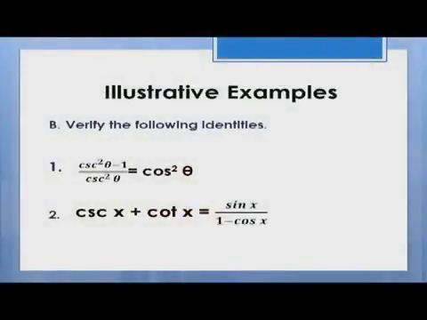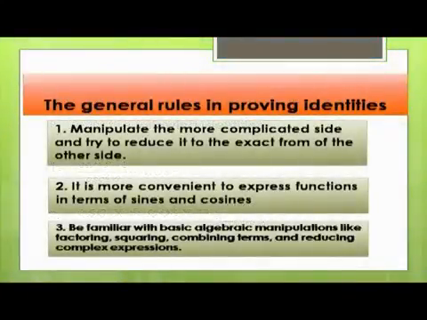Verify the following identities. In order for you to prove the identities easily, here are the general rules in proving identities. The first one, manipulate the more complicated side and try to reduce it to the exact form of the other side.